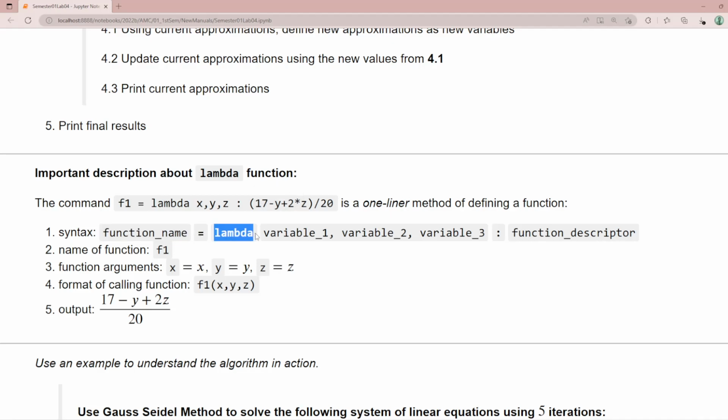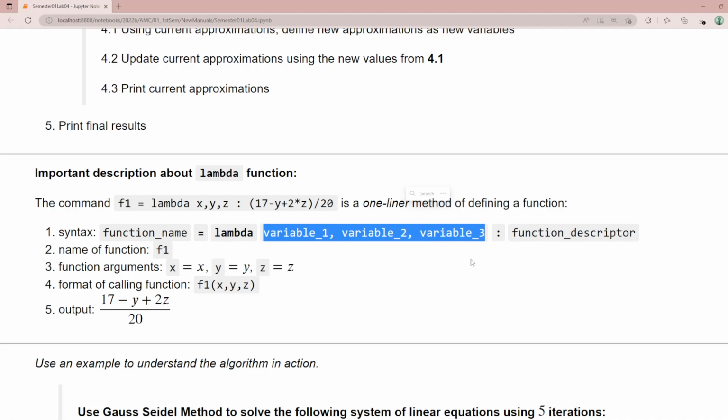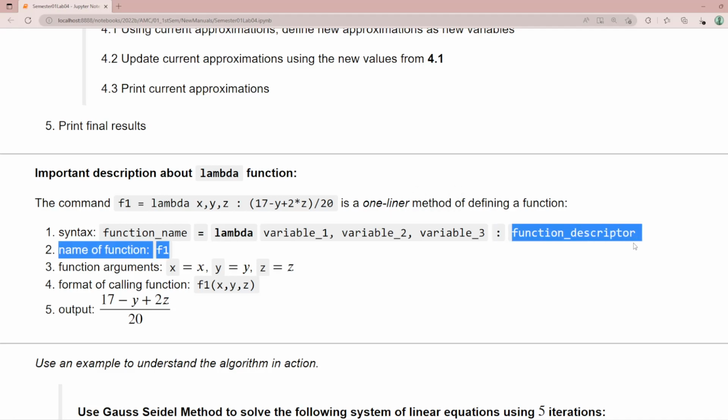We use the keyword lambda, and immediately after that, we mention the variables we are going to use. In our case over here, the variables are variable 1, variable 2, variable 3, which means x, y, and z. And finally, we give a colon, and after the colon, we define the function descriptor, which is the expression that has to be computed. So the function descriptor is the return counterpart of the def method of defining a function.